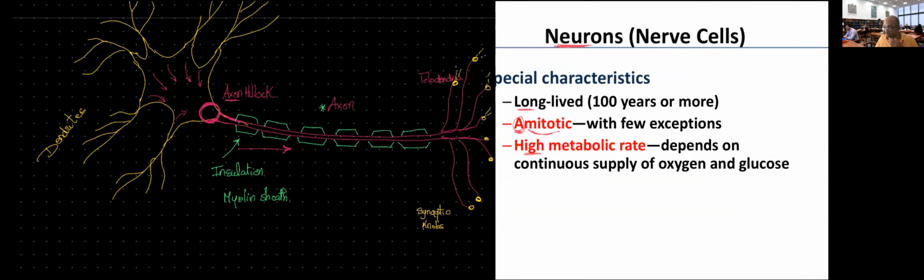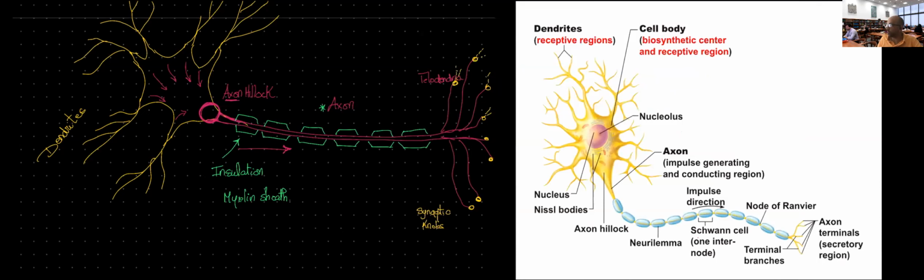So if we're looking at the axon of this nerve cell, we see the Schwann cells forming the myelin sheath. And something that I want you to notice is that the myelin sheath is not continuous, it's interrupted. There is an interruption in the myelin sheath.